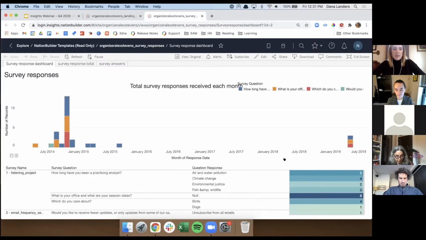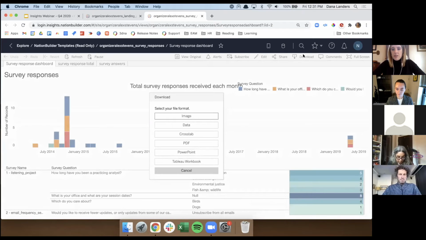And then as Kylie mentioned, all of this data you can export into a CSV. Here I'll show you, you can download this as an image, you can download the raw data, you can download it as a PDF, as a PowerPoint. So if you have something like a board report dashboard, you can just pull that into a PowerPoint and have to do little to no work to set that up before you share.